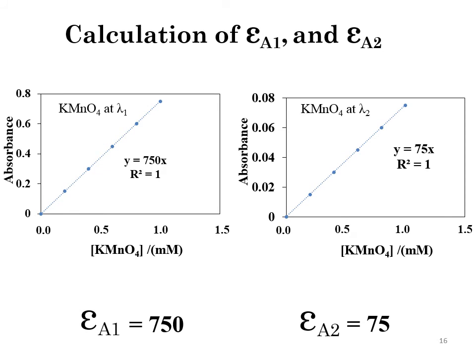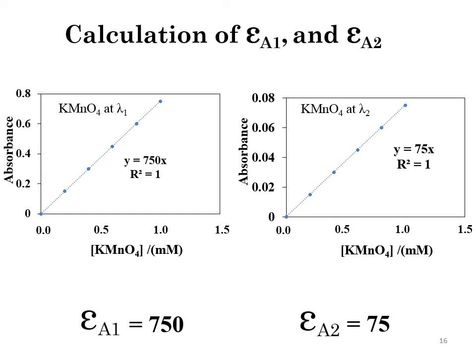Here are the sample calculations for epsilon A1 and epsilon A2. Epsilon A1 can be calculated by plotting the absorbance of KMnO4 as a function of the concentration of KMnO4 at lambda 1.